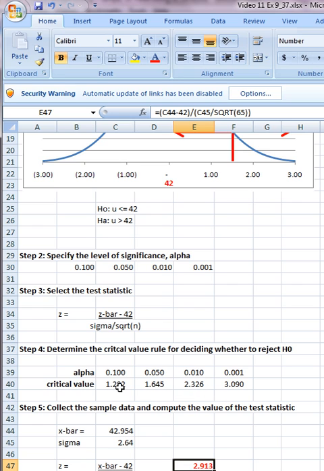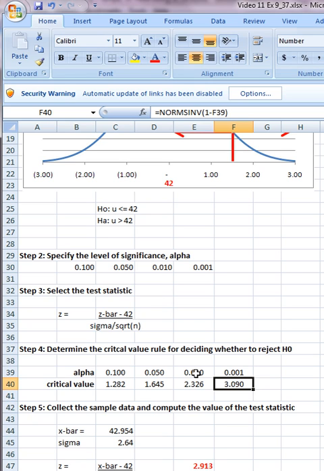In fact, comparing it to our critical values, we see that it is greater than the 0.01 alpha, the 1% alpha, but slightly less than the 0.1% alpha, the 0.001 alpha. So we can be very confident that our advertising claim is true, because 2.913 causes us to reject the null hypothesis that the average satisfaction level is 42 or less.